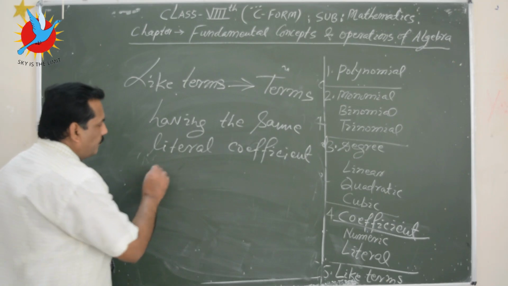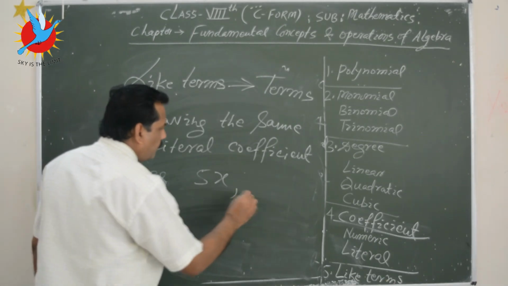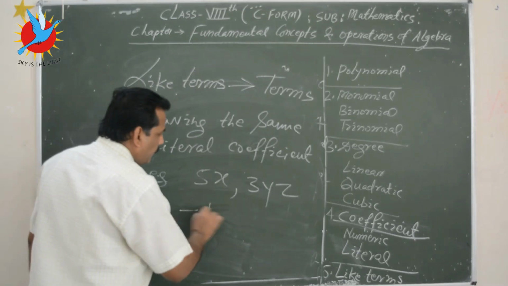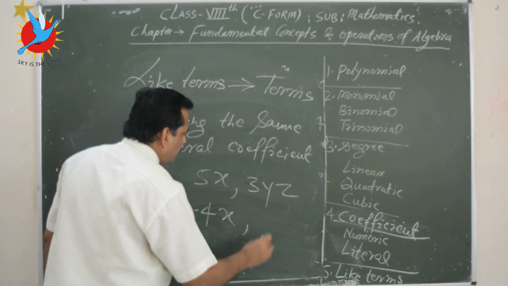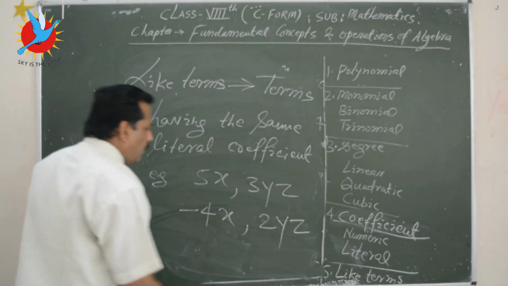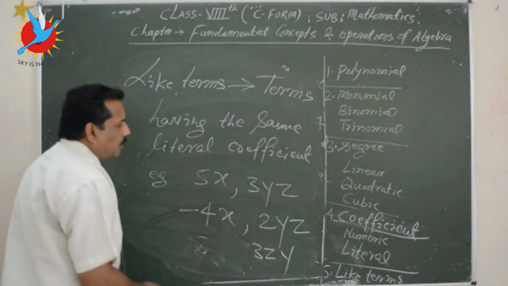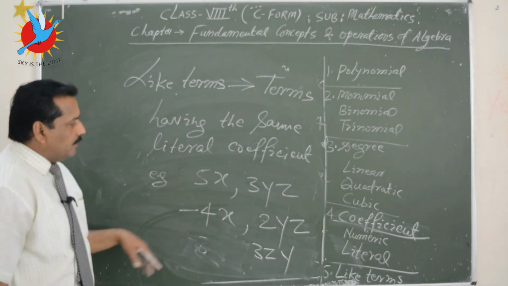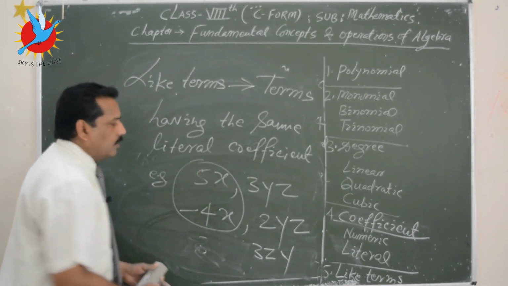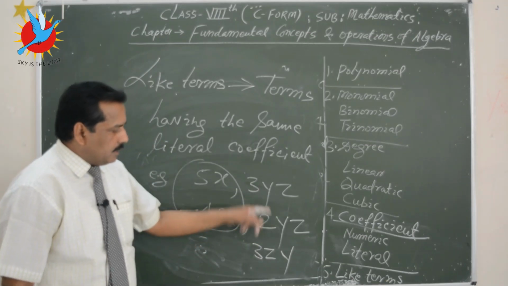For example, 5x, 3yz, minus 4x, 2yz, this 3zy. See, the literal coefficient is x, the literal coefficient is x. So these two terms will be known as like terms. What about the literal coefficient in these cases?